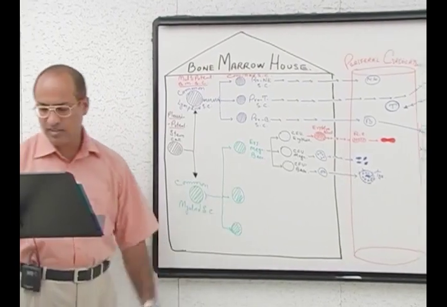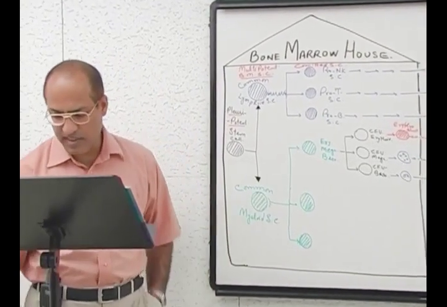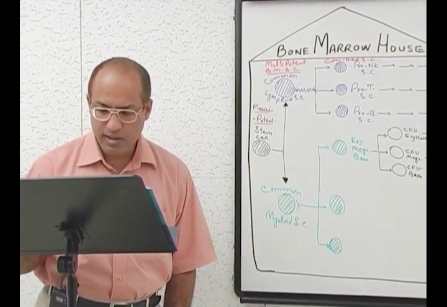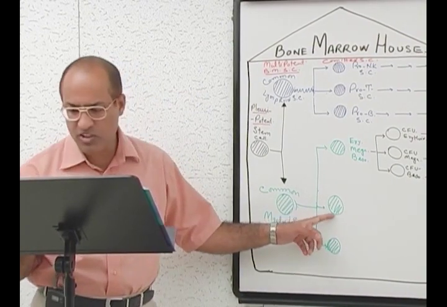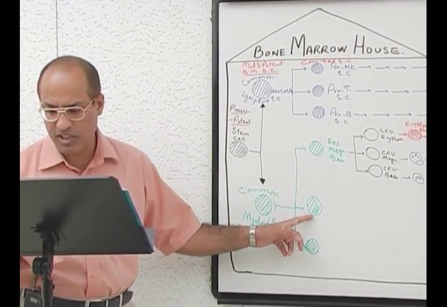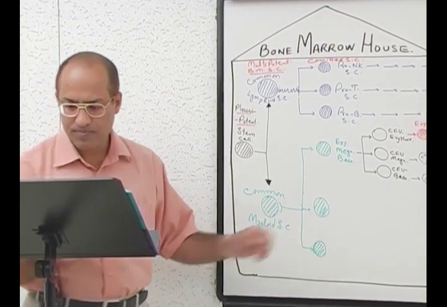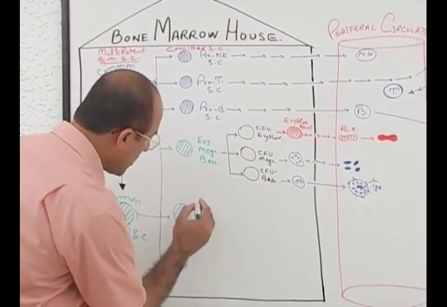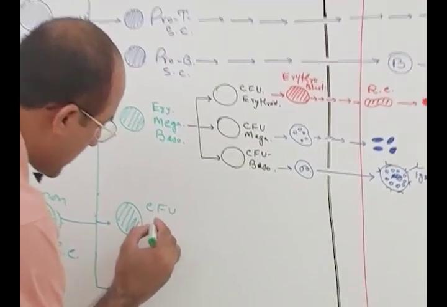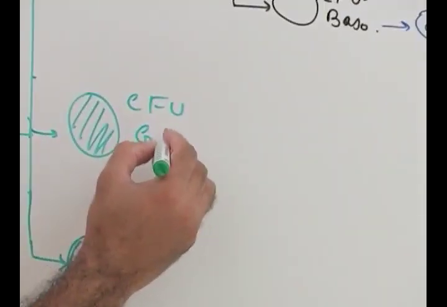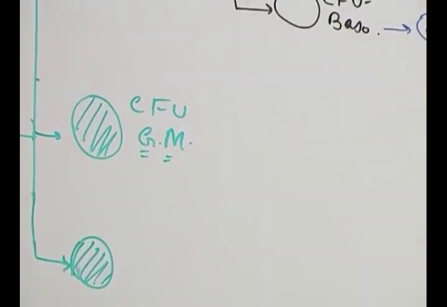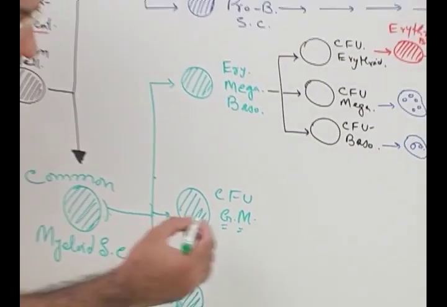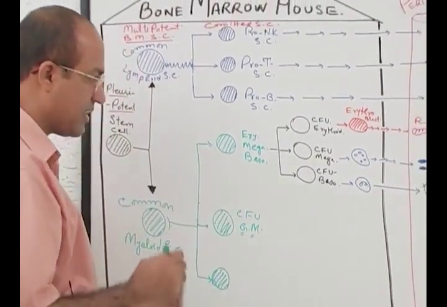Now we come to the next committed precursor cell, the next committed stem cell, which is committed to make this colony forming unit. We call it colony forming unit GM. GM does not stand for general motor, it is for granulocyte and monocyte, right?